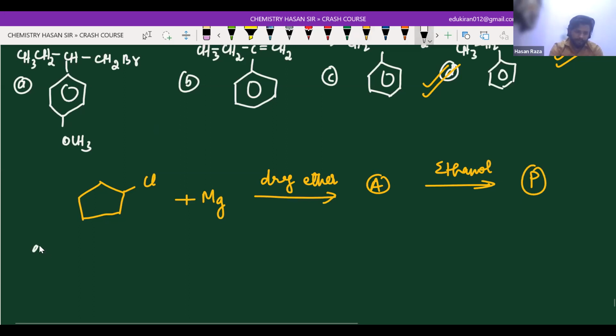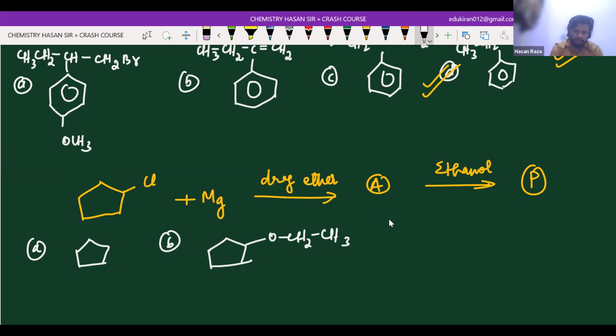And option A is cyclopentane. Option B is ethoxycyclopentane. Option C is ethyl cyclopentane.